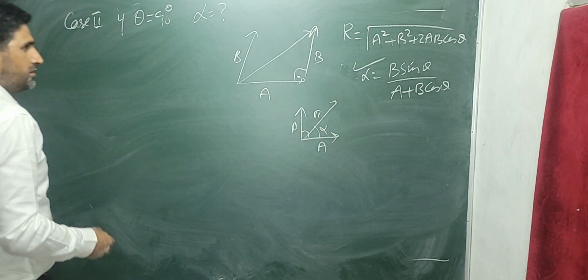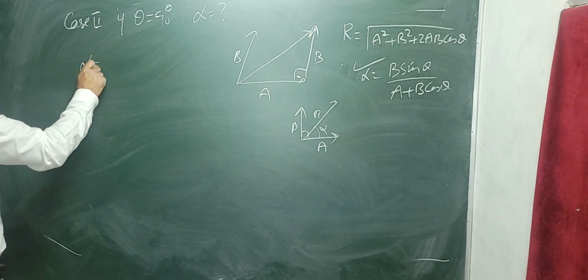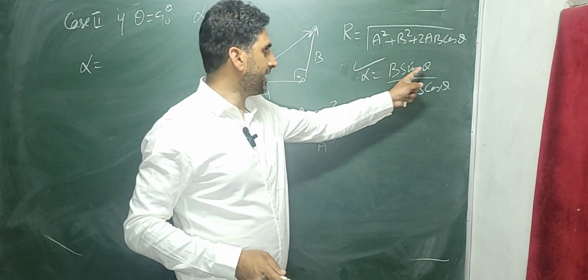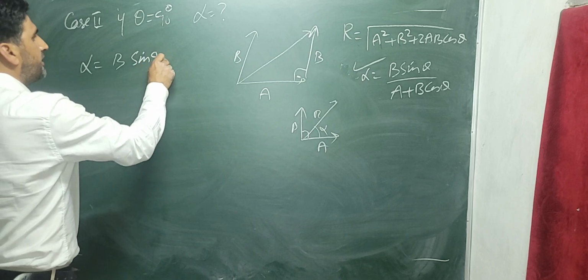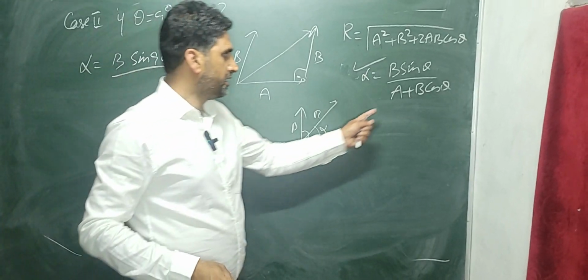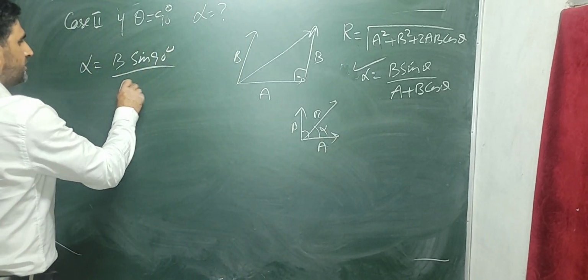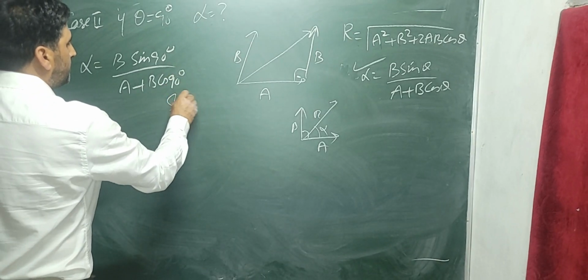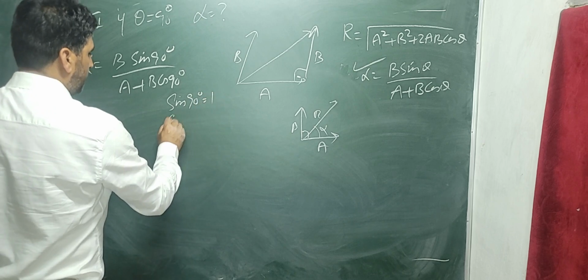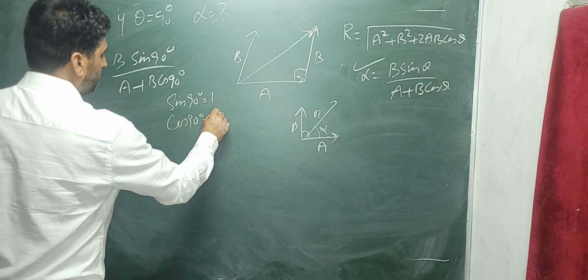The tan alpha will be equal to B sine 90 degrees divided by A plus B cos 90 degrees. And you know sine 90 degrees is 1 and cos 90 degrees is equal to 0.